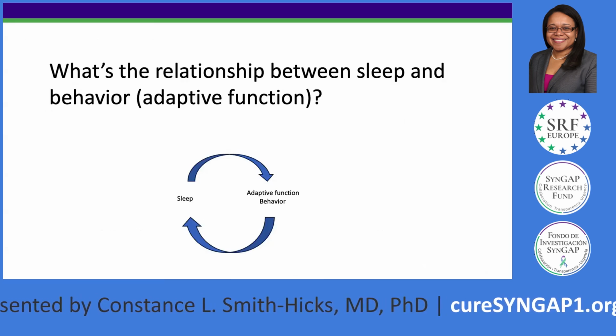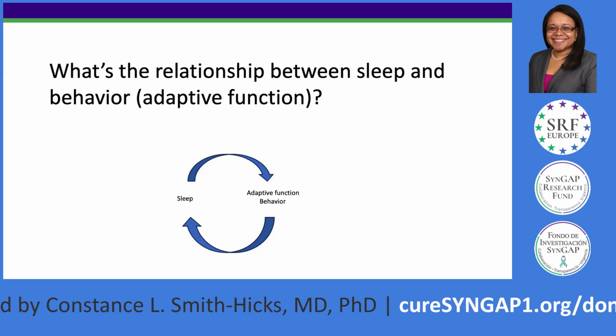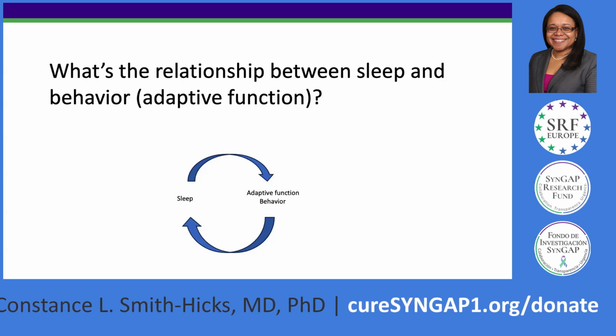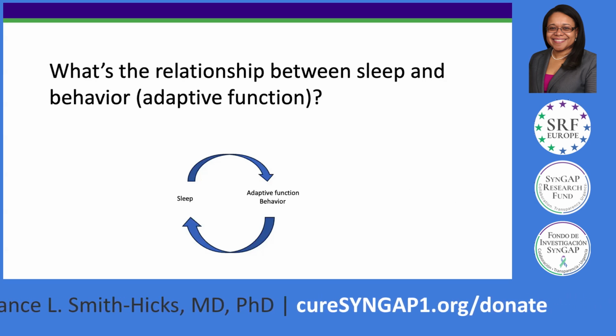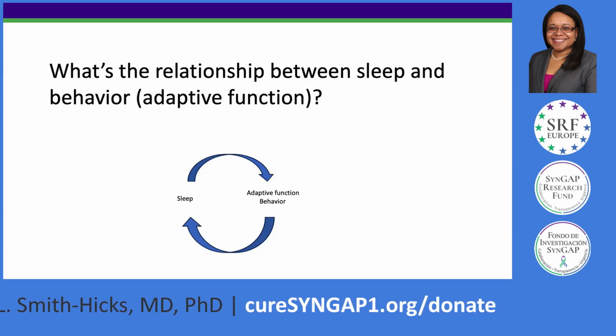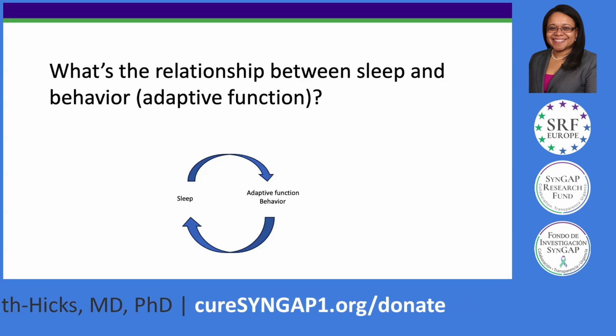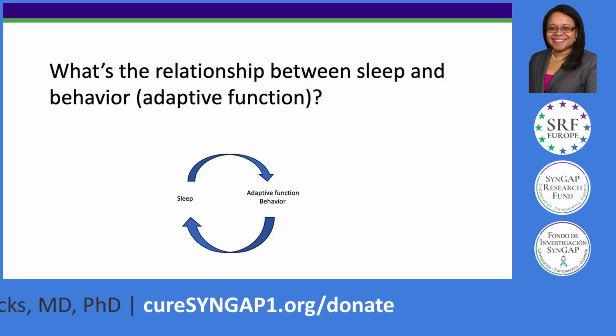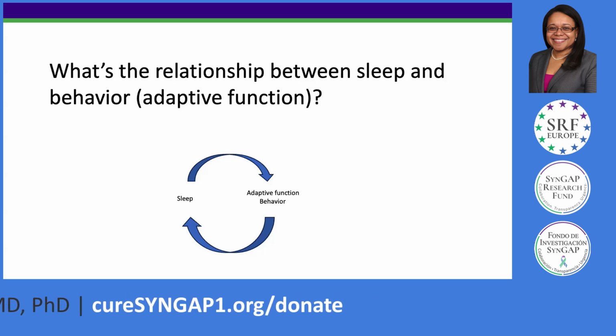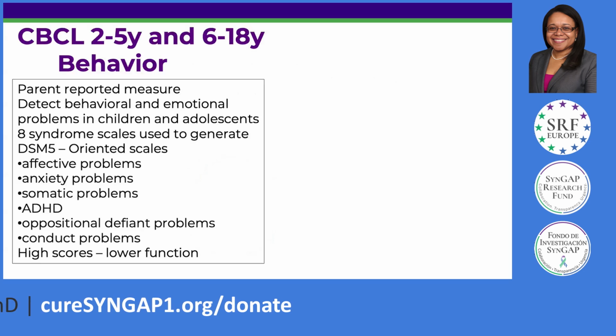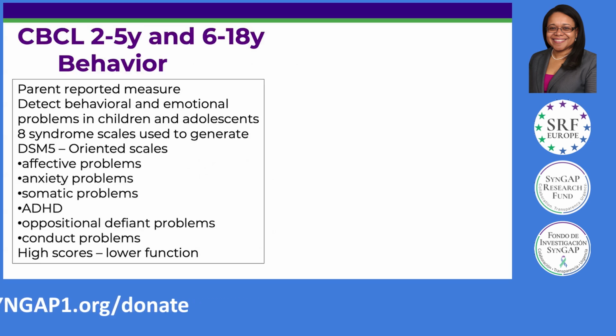Now, early in my talk, I said that sleep plays an important role for cognition, adaptive function, and behavior. And so we asked the question, what is the relationship between sleep and behavior and adaptive function in our individuals with Syngap 1? And to answer that question, we used the CBCL, which is a parent-reported measure. It is used to detect both behavioral and emotional problems in children and adolescents.